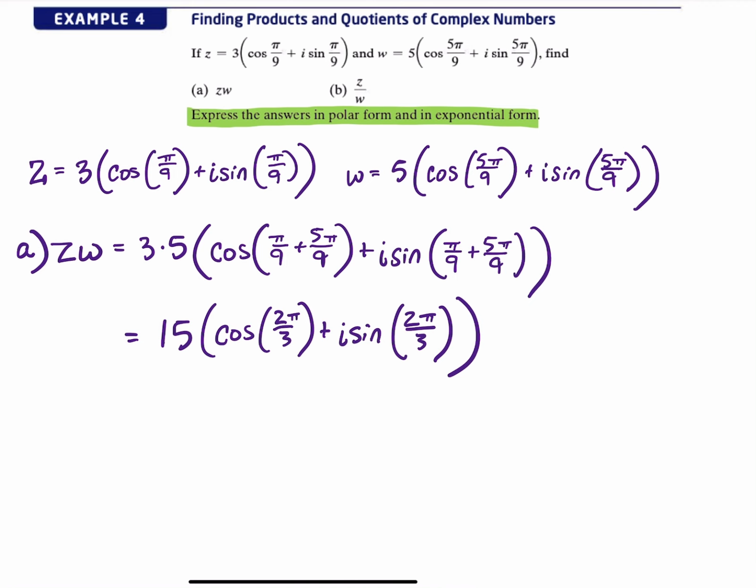So that's our polar form. Now let's write it in exponential. So that's the multiplication of the two r's, so 15 times e to the power of i times the sum of the two angles. So we already have the 2 pi over 3 ready to go here. This will be our exponential form.